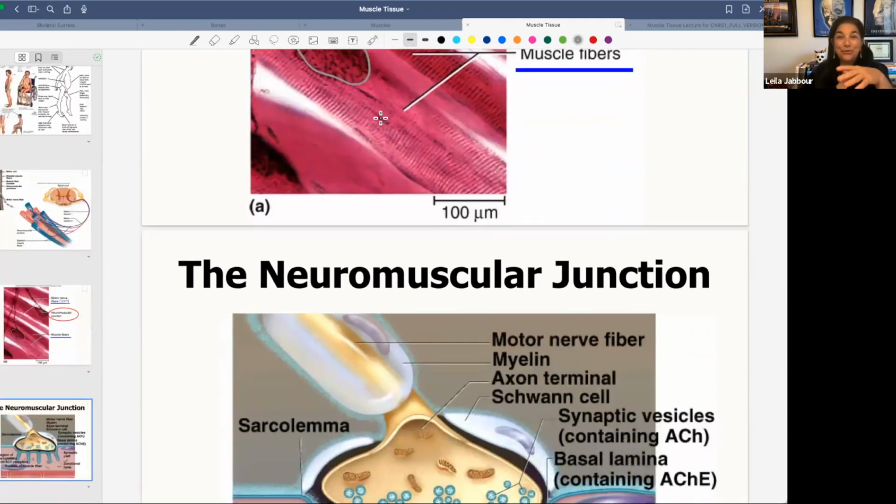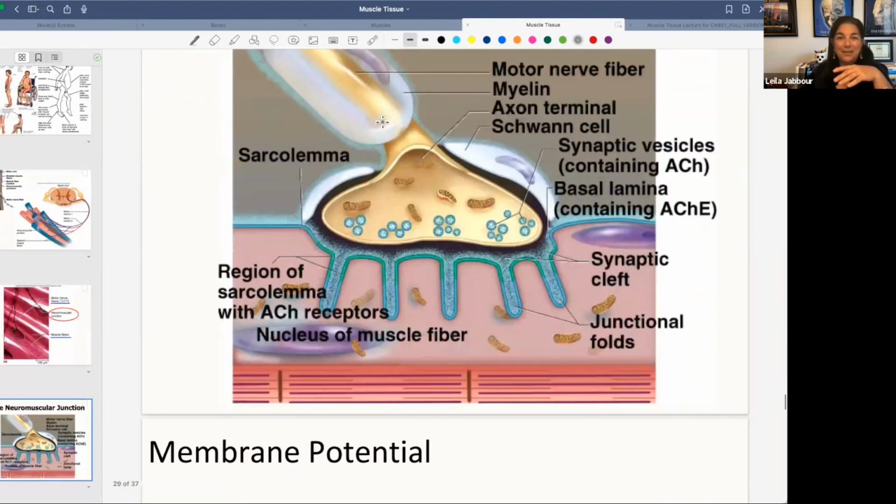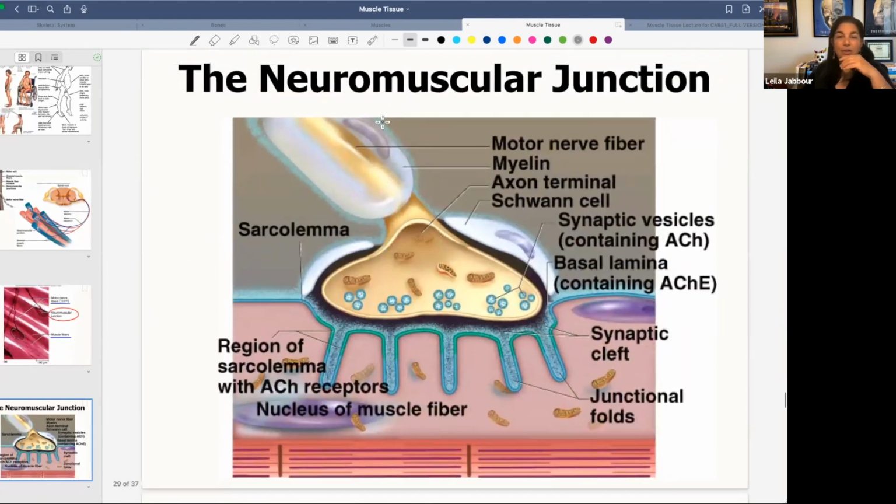And you see it here on the surface of a muscle fiber. So right here, the neuromuscular junction is illustrated. This is your axon, and this is that dilation I told you about, the synaptic knob.